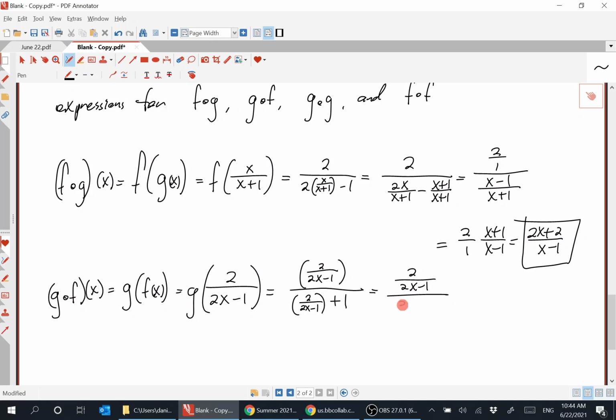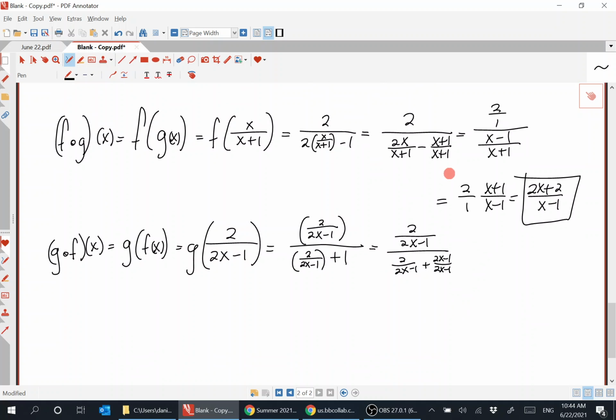So here I have 2 over 2x minus 1 plus 2x minus 1 over 2x minus 1. So adding the fractions in the bottom here, I have, so this is 2x plus 1.